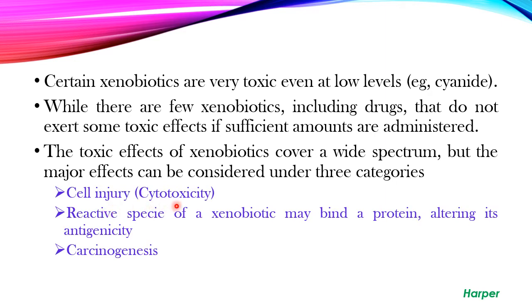Then toxic xenobiotics may bind to a protein, for example an immunological protein, and as a result may change the antigenicity of that protein, which we are going to see with an example on the next slide. And then there are certain toxic xenobiotics that may trigger development of cancer, because these toxic xenobiotics may act as carcinogens.